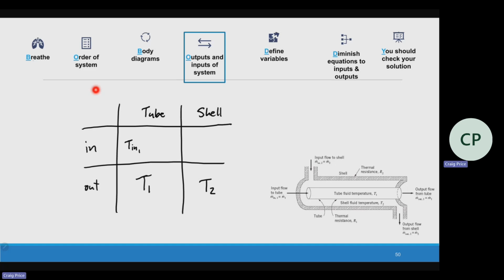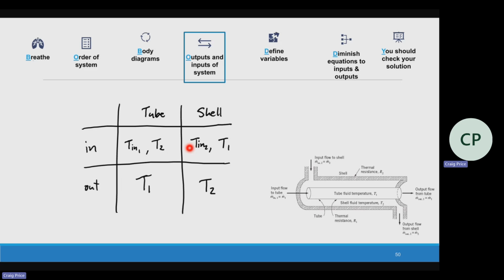What is the input for the shell? Tn2 and T1. Wait, did you say something else? Yeah, that affects it. Is the tube affected by anything? Maybe they affect each other, right? The colder that temperature, it's going to affect my temperature.